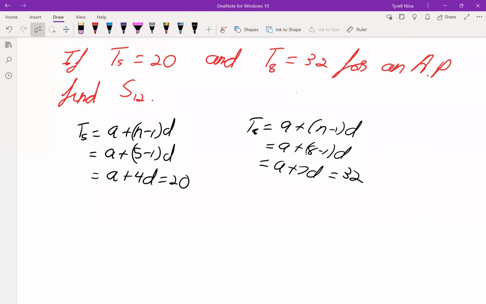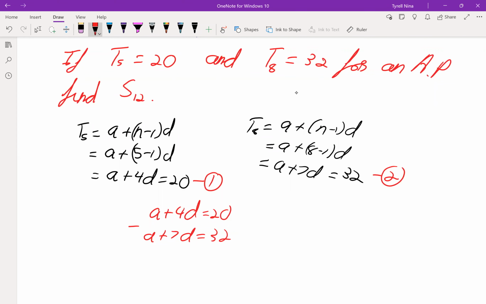So that becomes equation 1, equation 2. A plus 4D is 20, A plus 7D is 32. We can subtract both of these because A is the same. So minus 3D, 20 minus 32 is minus 12. D is minus 12 over minus 3, which is 4.